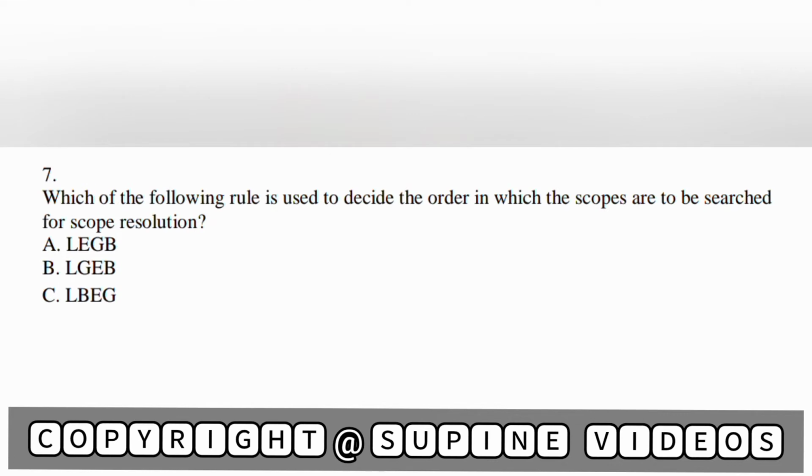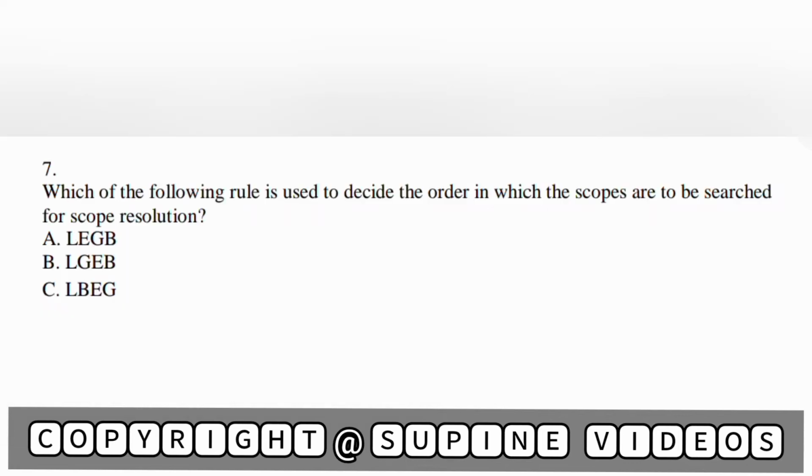Which of the following rule is used to decide the order in which the scope ought to be searched for scope resolution? Options are option A. LEGB, option B. LGEB, option C. LBEG, option D. LGBE. The answer is option A, that is LEGB.